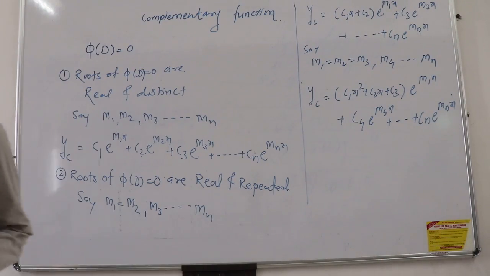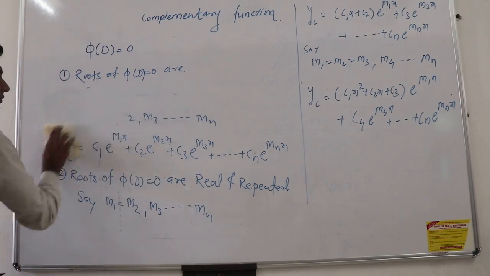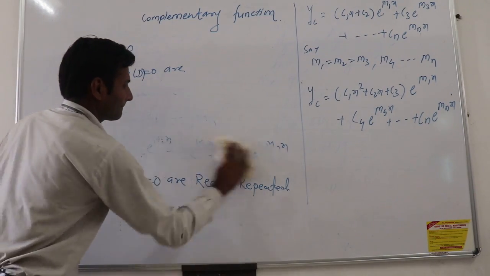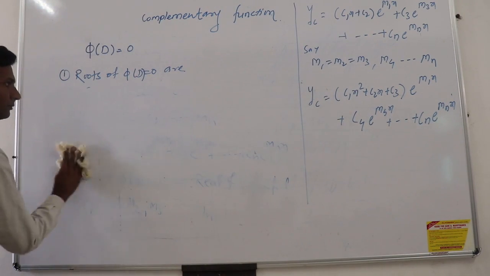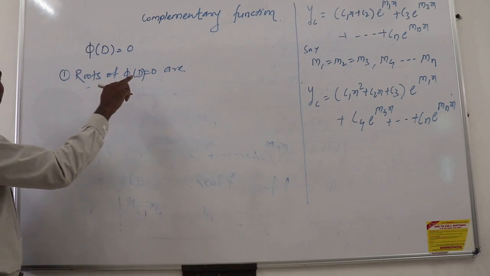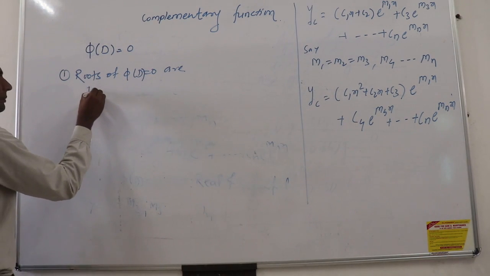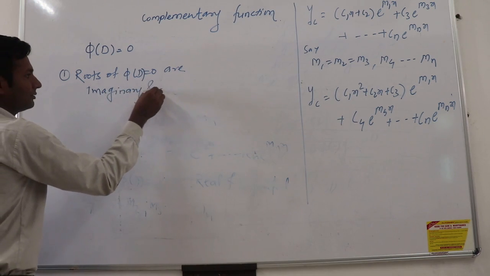Now the third case is, the roots of phi of D equal to 0 are imaginary and distinct.